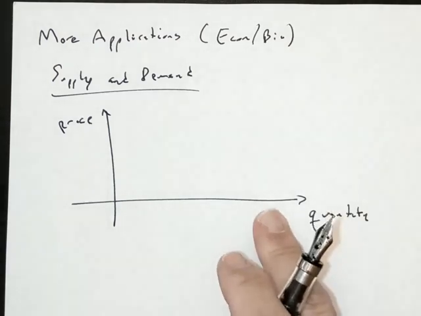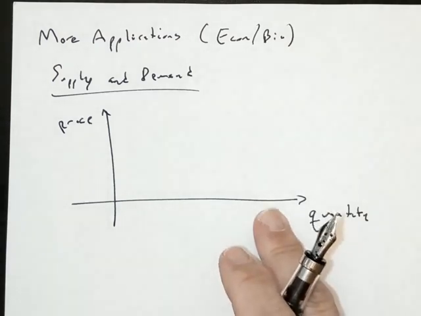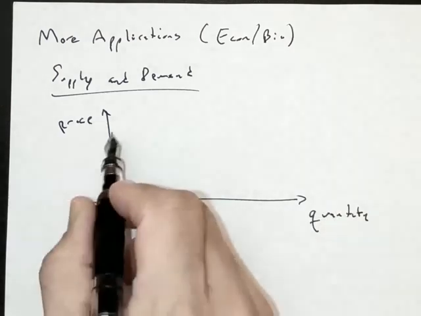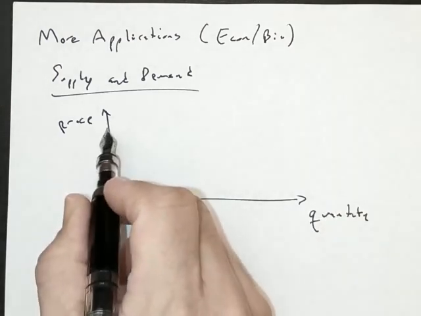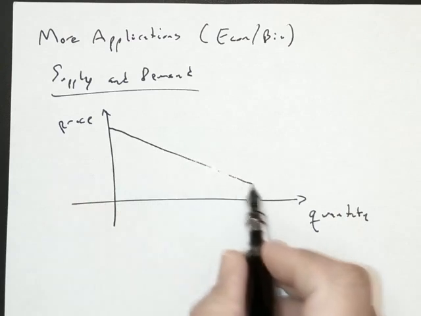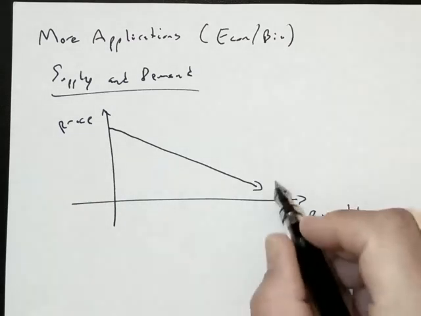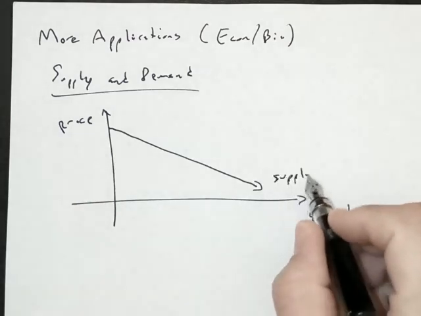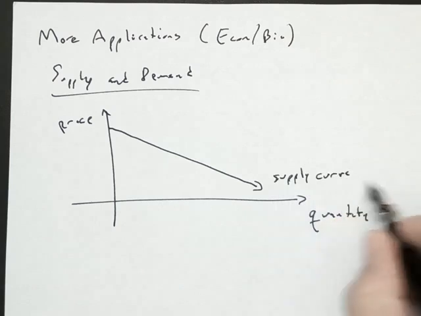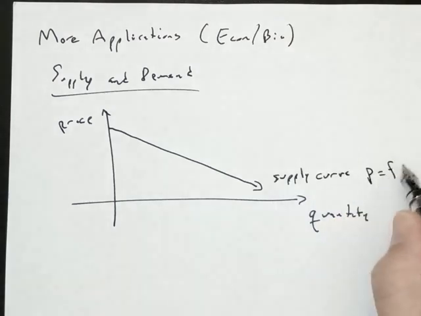So when you have more of something, price goes down. So I have a curve that, even if I just had a straight line, which is not necessarily realistic, I could think of something like this. And this is a supply curve. Price is some function of quantity.